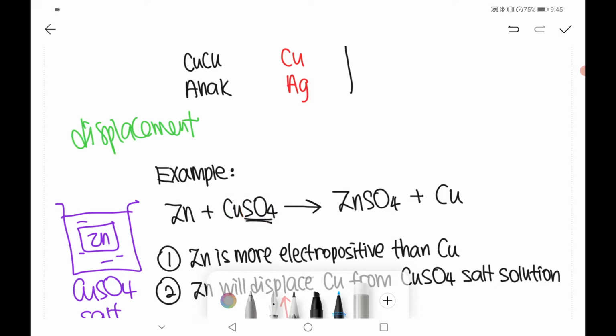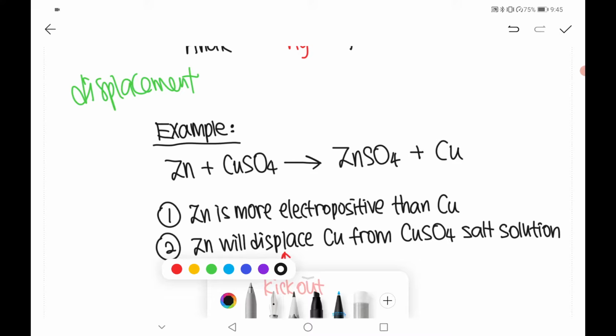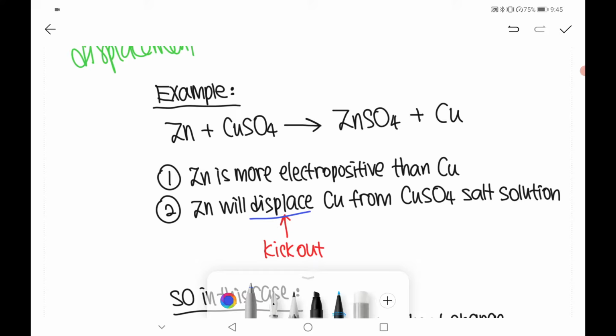Now we can try to analyze this together. I want you to know what is happening. Zinc is more electropositive than copper, which means zinc is a more powerful gangster. So when zinc is more electropositive, what will happen? Zinc will displace the copper.